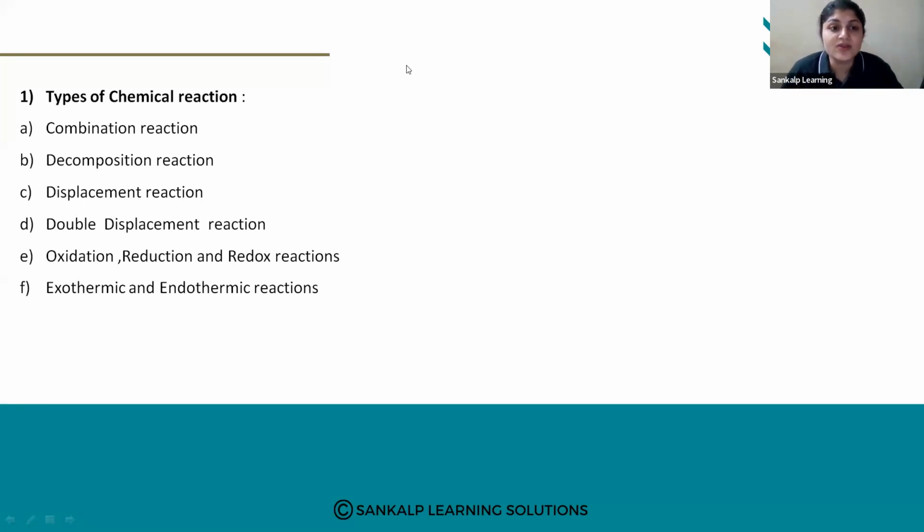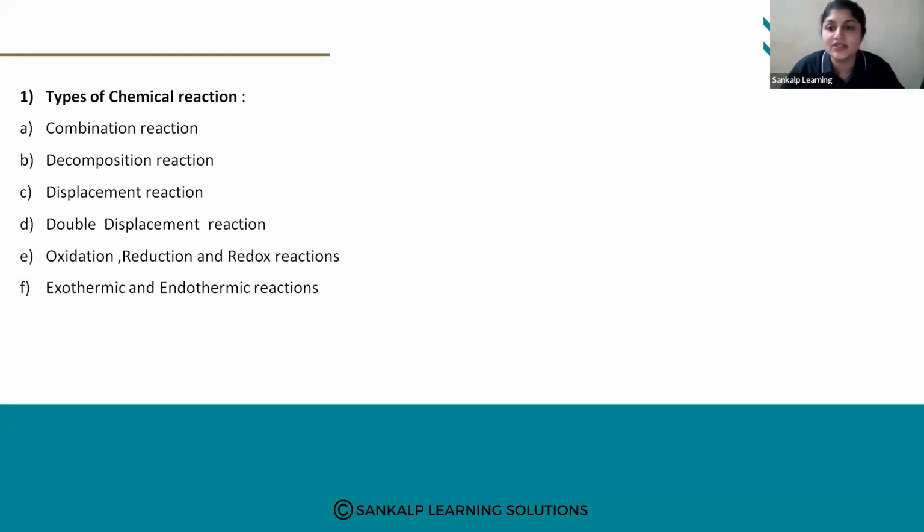Then next was the decomposition reaction. These are opposite to the combination reaction. In a combination reaction, two or more substances combine to give you a single substance.